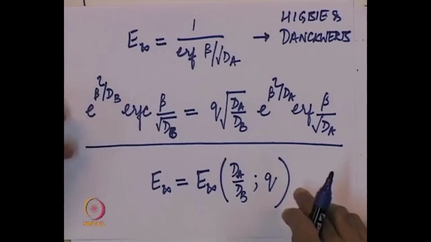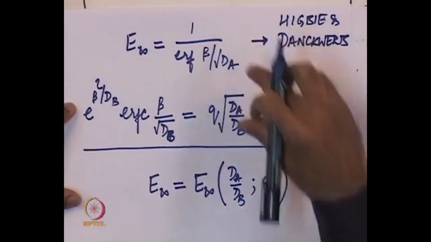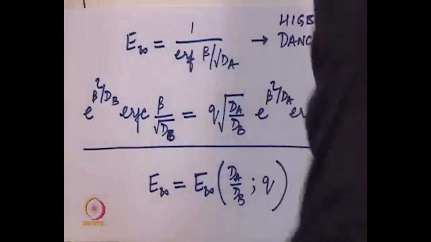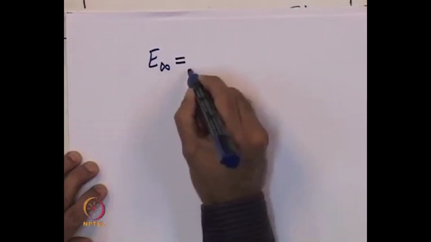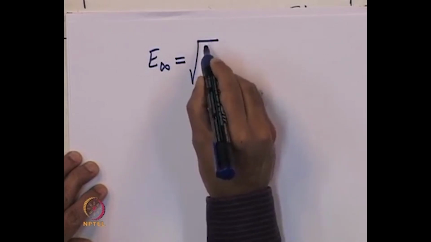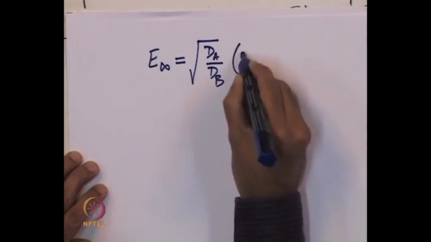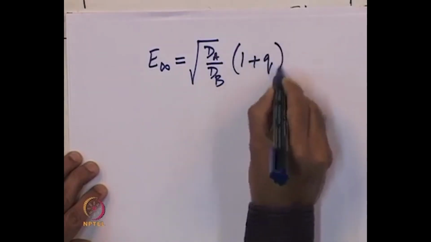Moreover, while these expressions look very different from the expression that we obtained for the film theory, it turns out that if the value of the enhancement factor is large, then there is a very simple approximation to this complicated expression, and that is E infinity equals square root of dA upon dB multiplied by 1 plus q.